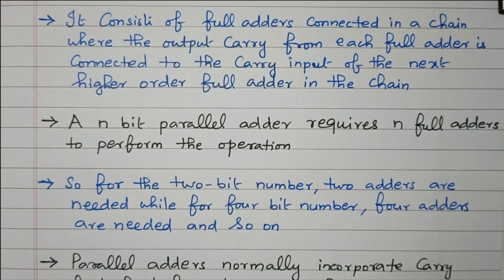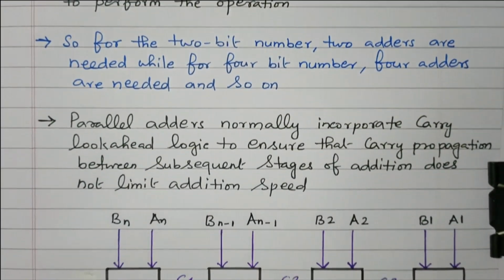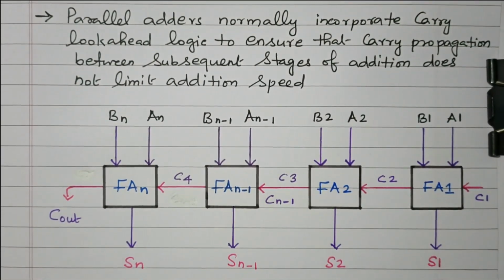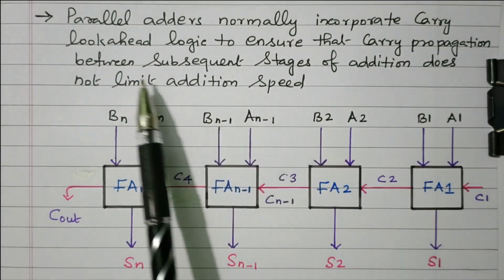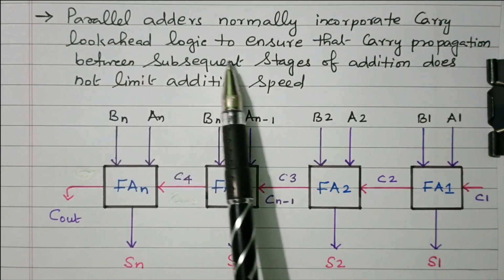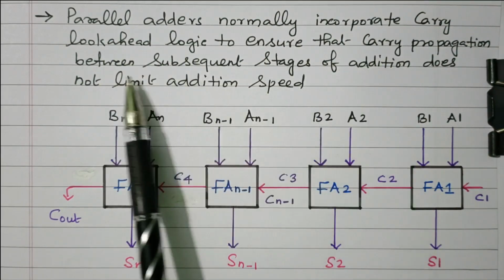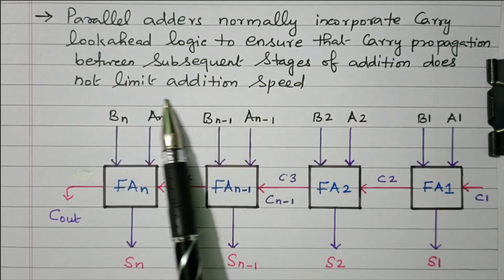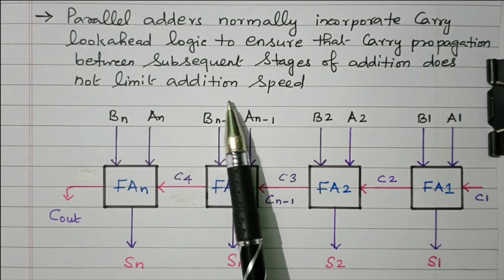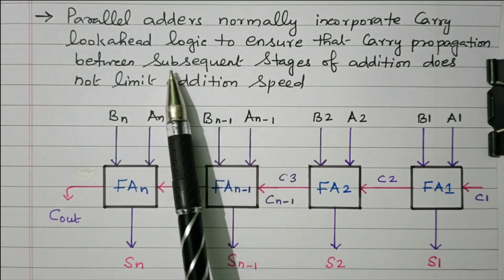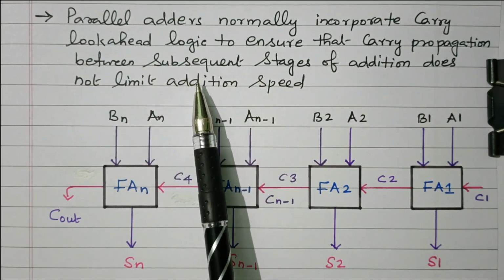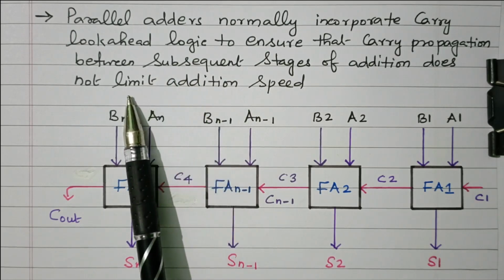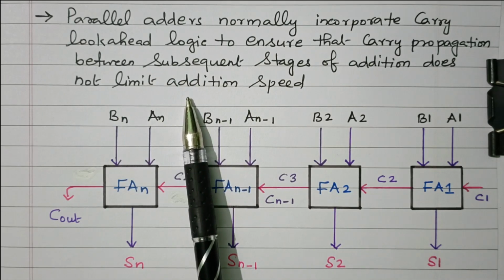Now we will see the block diagram, a logic diagram of the parallel adder. Parallel adders normally incorporate carry look ahead logic to ensure that carry propagation between the subsequent stages of the addition does not limit addition speed. So here we are using the carry look ahead adder, so that the carry propagation delay is not much and it will not limit the addition speed.